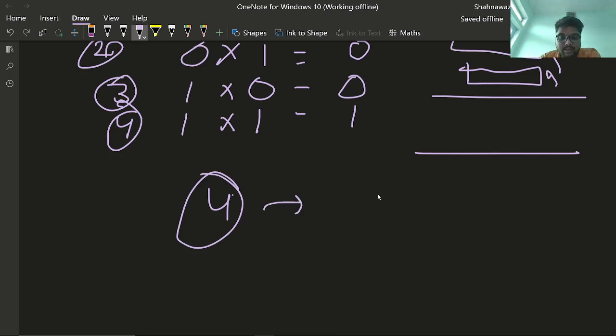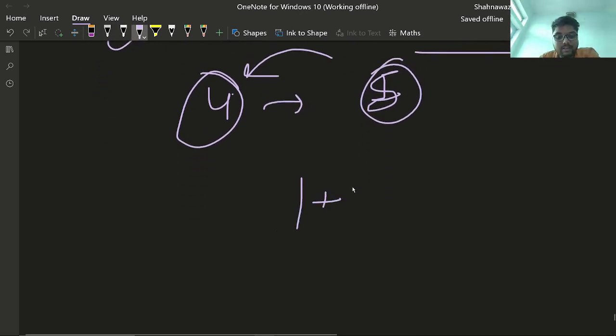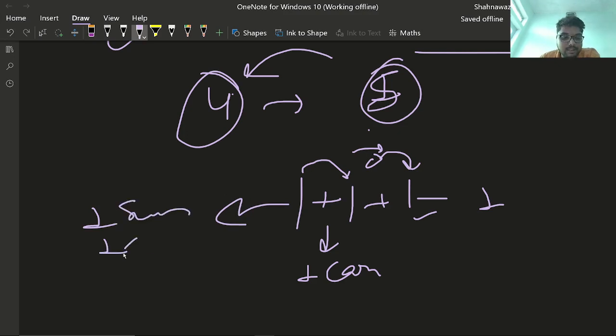In addition to these, there is one more rule derived from the fourth rule, the fifth rule: when we have three ones instead of two ones, what do we get? When we add two ones, the result is 0 and it generates 1 as carry. When we add 0 to this one, the result is 1 and carry is 0. So when there are three ones, you will get sum as 1 and 1 as carry.